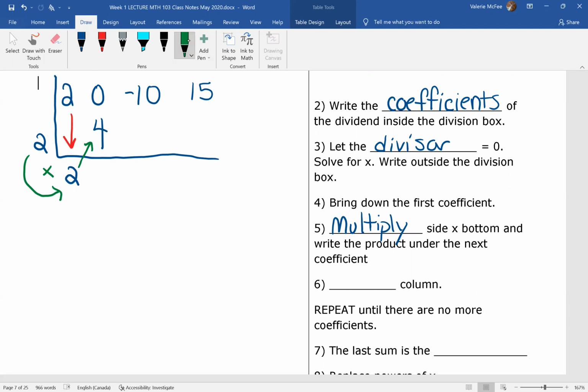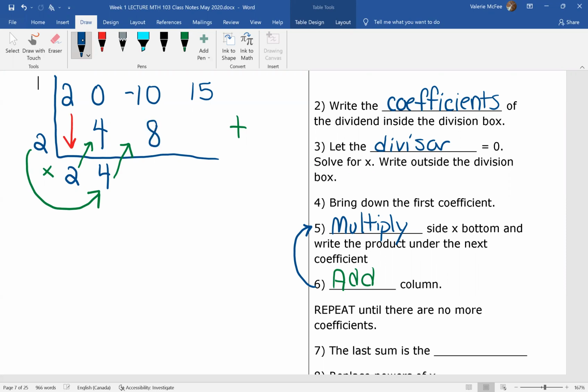We're going to add the columns. 0 plus 4 is 4. As long as you have something to add, if there's another column, we need to go back and multiply. So we're multiplying 2 times 4 and writing our product in the next column. 2 times 4 is 8, and now we need to add -10 and 8, -2.